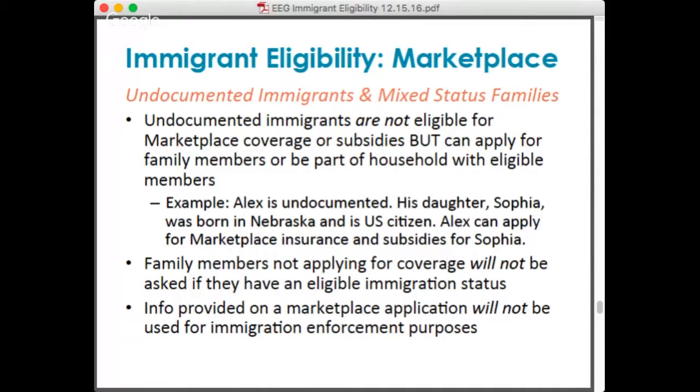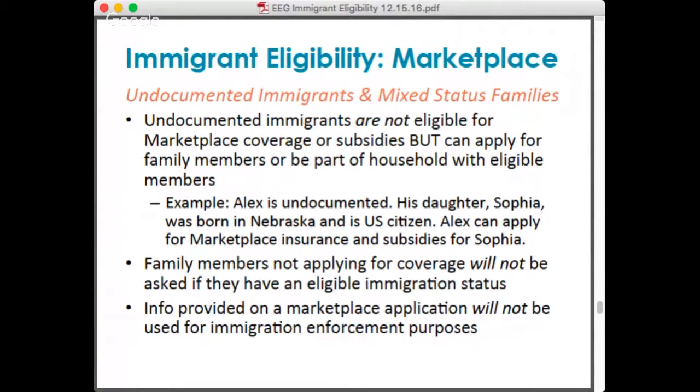It's not uncommon for folks in immigrant families to have different people with different statuses. So you might have a family where you have someone who is undocumented, a person who is a U.S. citizen, a person who has a visa, and things like that. So it's very uncommon, I would say, for everyone to have the same status.